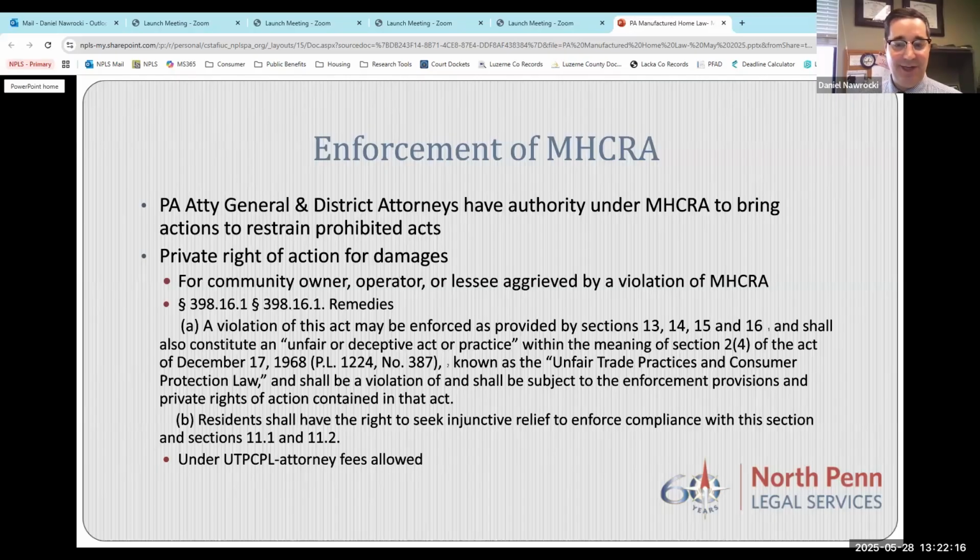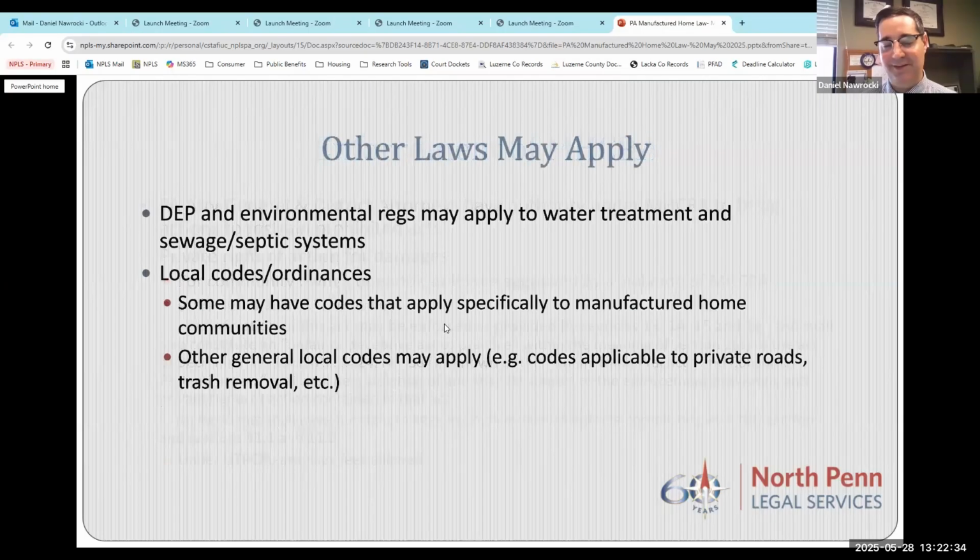Any violation of the MHCRA, I will include a UTP-CPL counterclaim alleging that whatever section was violated is a claim under UTP-CPL, which also allows attorney fees payable to North Penn Legal Services and treble damages and all that stuff.